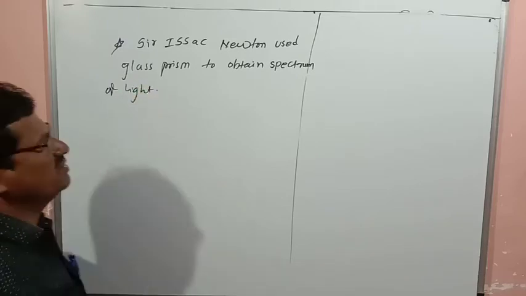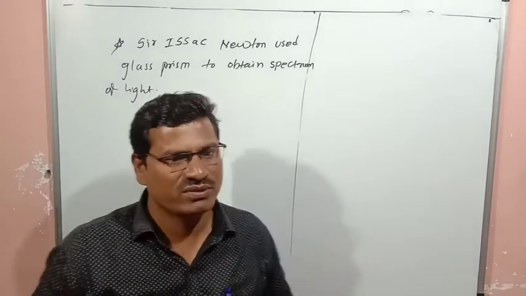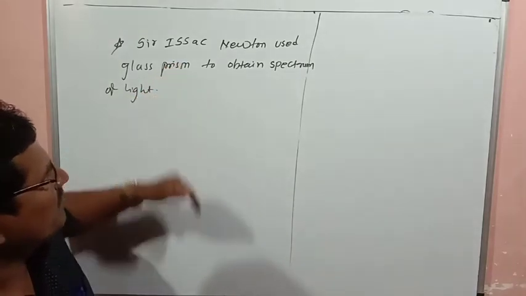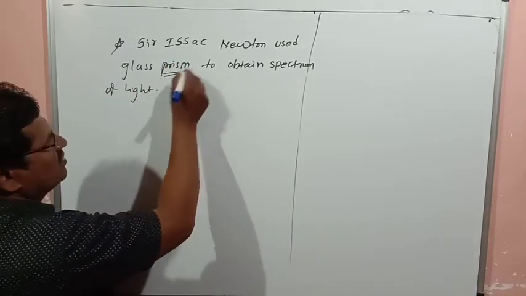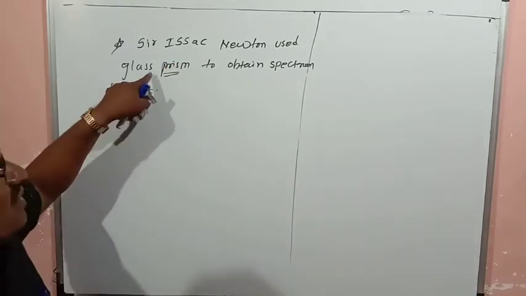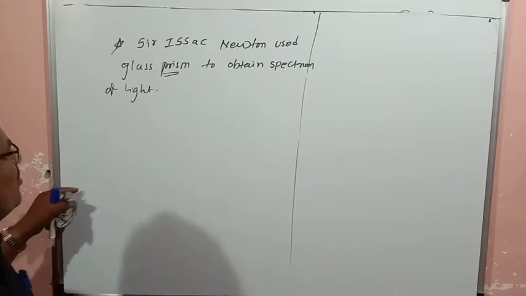So who was the first scientist to use glass prism? Sir Isaac Newton was the first scientist who used glass prism to obtain the spectrum of light.